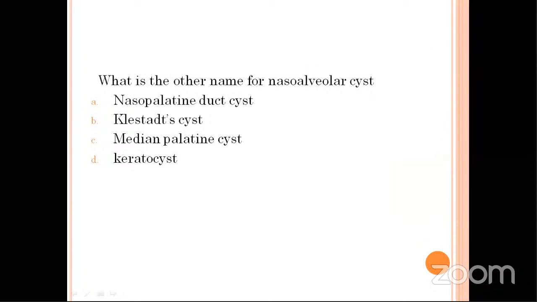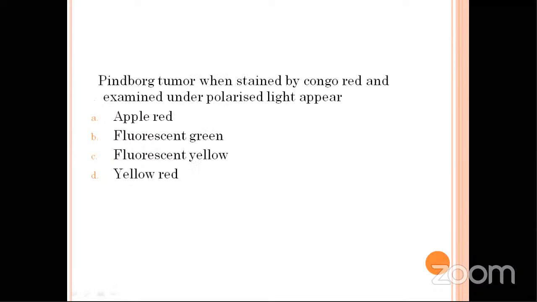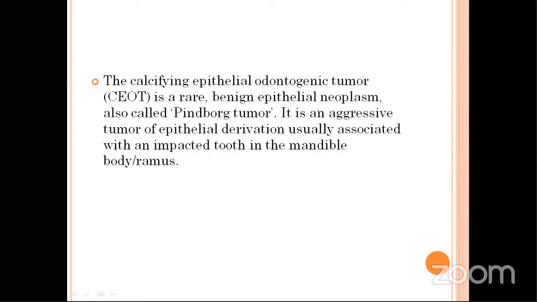Okay. What is the other name for nasoalveolar cyst? Pindborg tumor, when stained by Congo red and examined under polarized light, appear as apple green. So Pindborg tumor is other name for calcifying epithelial odontogenic tumor.